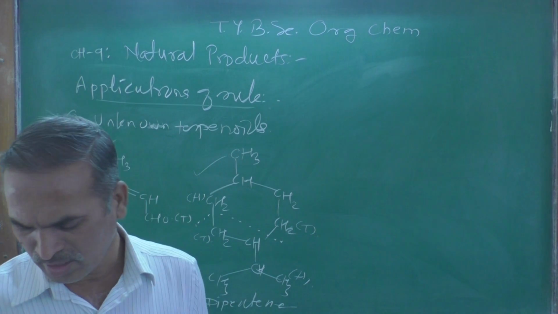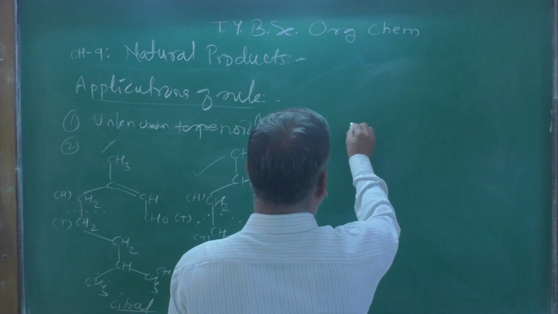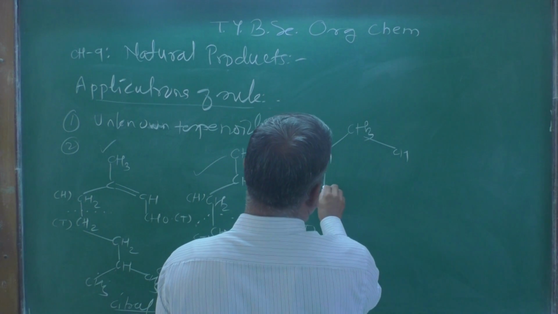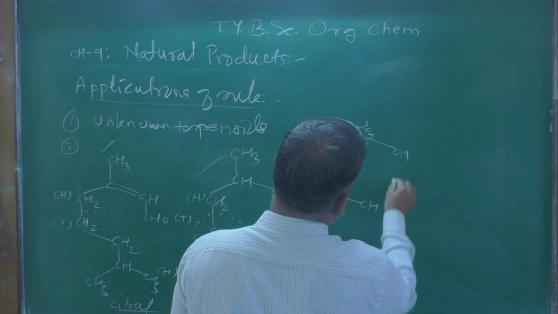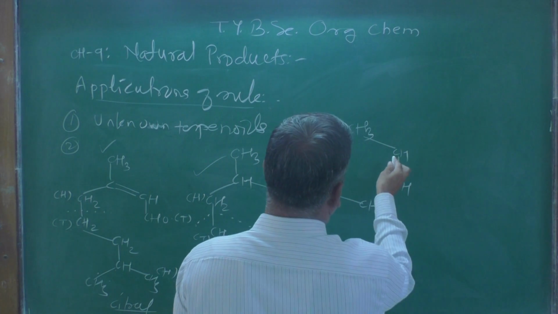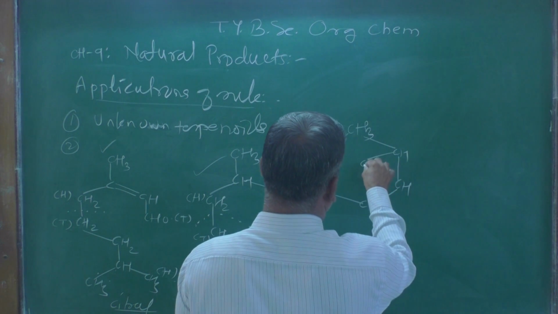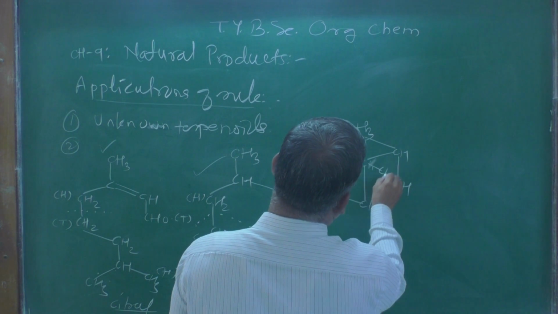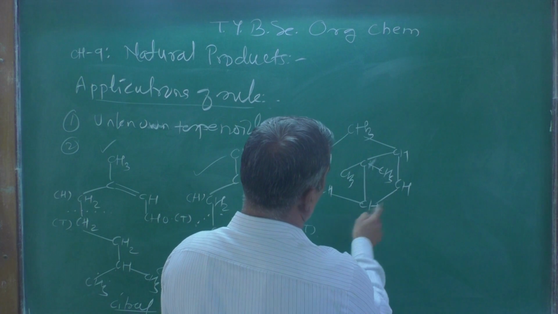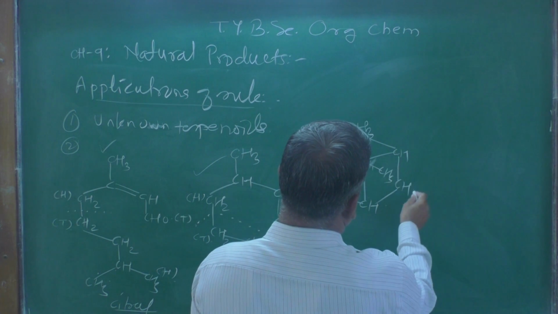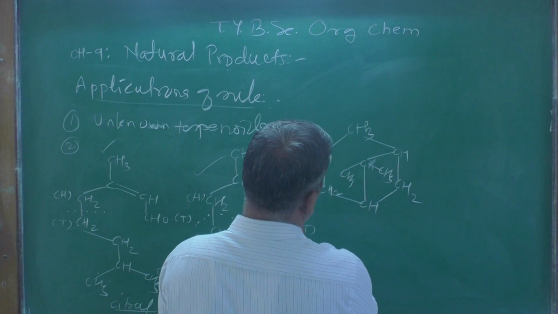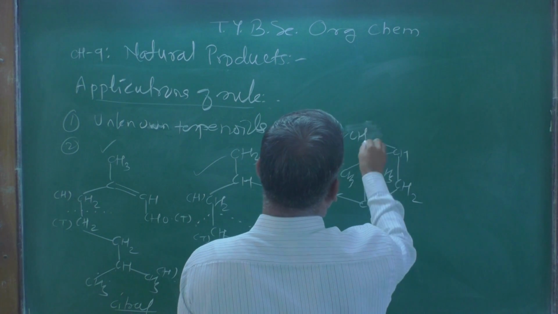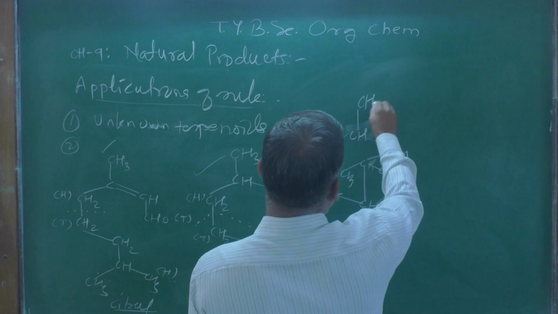Now let us see another example. CH3, then CH, CH, then CH, here CH, then CH, here CH, then CH3, then CH3. So 1, 2, 3 and 4, 1, 2, 3, 4, here CH2, here CH2, here also CH2, now not here, here is a CH, and here CH3.